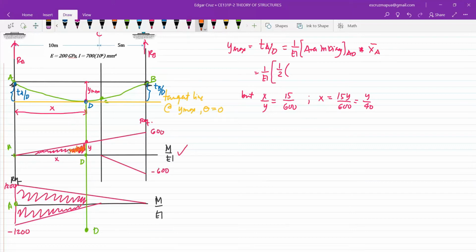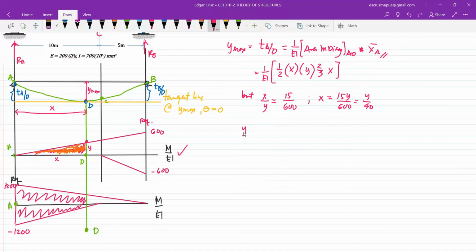So, ito yung area na kailangan nating identify. Okay. So, that is 1/2. The base is X. Okay. And the height is Y. Tapos, centroid distance from A. Okay. Yung from A natin yung kaliwa. So, that is 2/3 of X. Okay. So, yan na yung TA din natin.